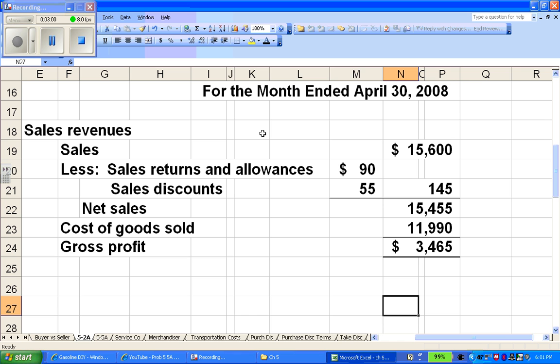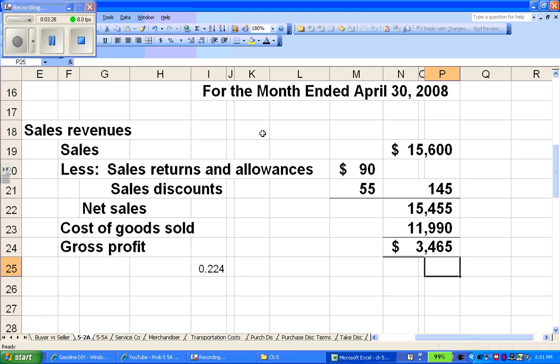Now, the problem's not asking this, but why don't we calculate the gross profit ratio? Let's just see what that ratio would be. The gross profit ratio is calculated by taking your gross profit. So here I'm going to take the 3,465, divide that, I'm using the forward slash, divide that by my net sales of 15,455.